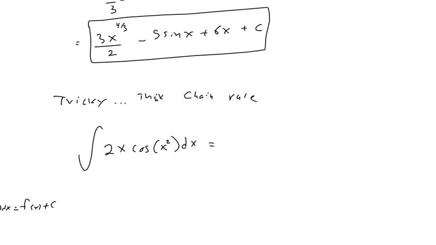So let's think about what original equation, if I did the derivative of it, thinking about the chain rule, what equation, if I did the chain rule derivative of that equation, would give me this piece here? Well, we know that cosine, right? What do we think? Think the chain rule here.